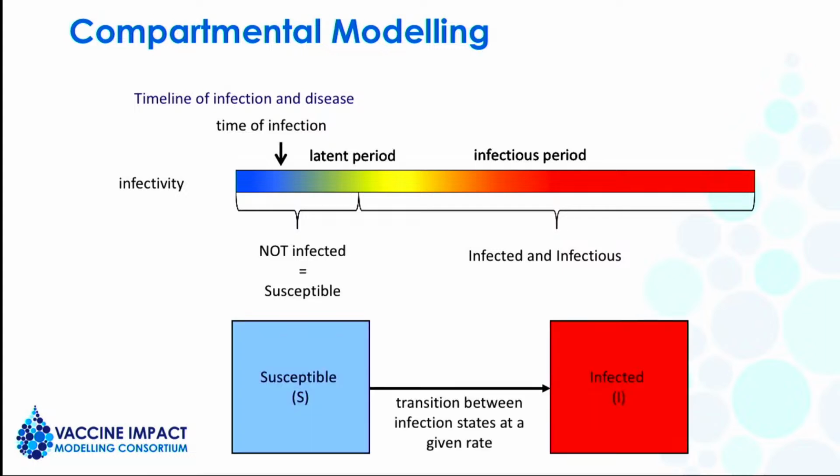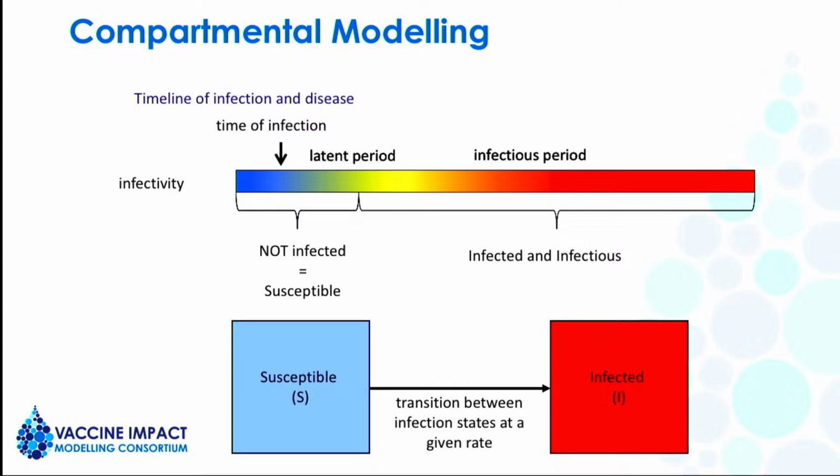So we turn this into a couple of compartments. Here we've got a susceptible group, they're in this first stage, and we've got an infected stage as well. At some point we've got a transition between being susceptible and being infected. So we've simplified this down into two compartments. We'd call this an SI model.